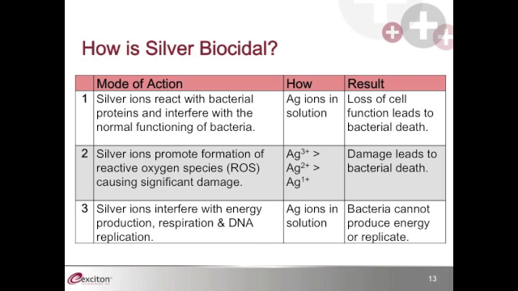In the last category, silver ions interfere with essential cellular pathways, inhibiting the bacteria from producing energy and replicating themselves. What is essential to note, however, is that these different modes of action will be either more or less effective with different types of silver.